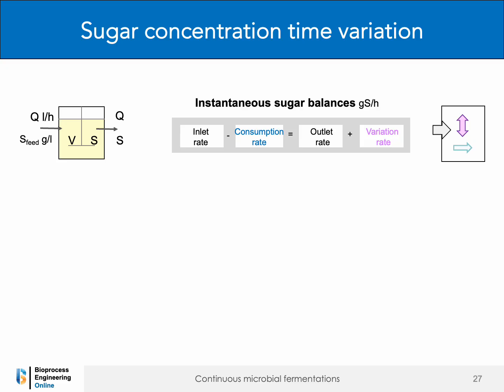The time variation of the sugar concentration S in grams per liter is described by the instantaneous sugar mass balance in the fermenter.